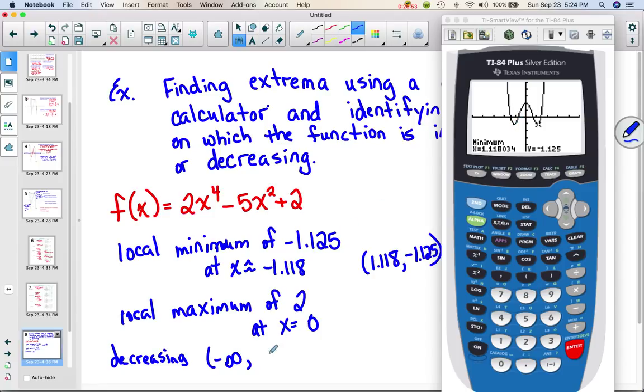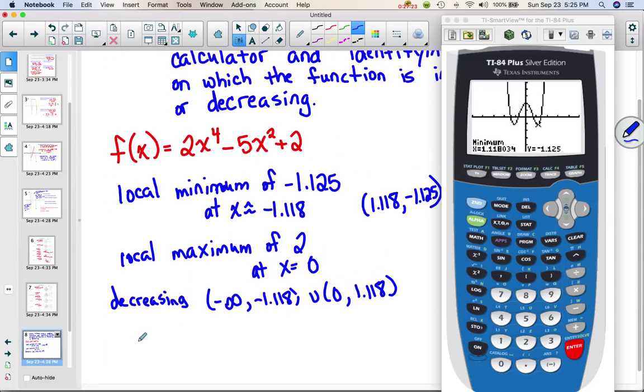That was right here at negative 1.118. And then it went to increasing, and then it decreased again, so I'm going to use union, from 0, because remember it's the x value, till this minimum value, whatever the x was, which was 1.118 approximately.